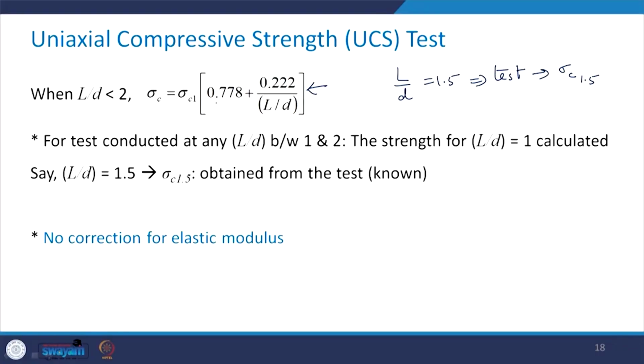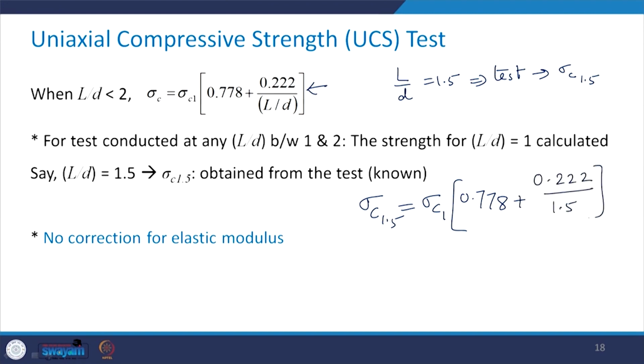Okay, so what is done? First I will use this expression and find out sigma C1. See how this is done. I can write it like this: sigma C at 1.5 is equal to sigma C1 multiplied by 0.778 plus 0.222 divided by 1.5.